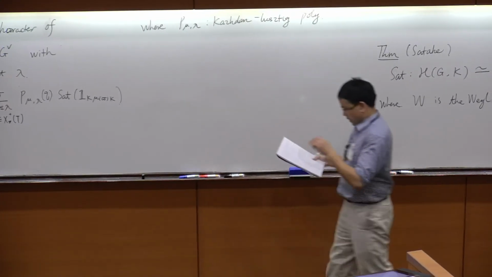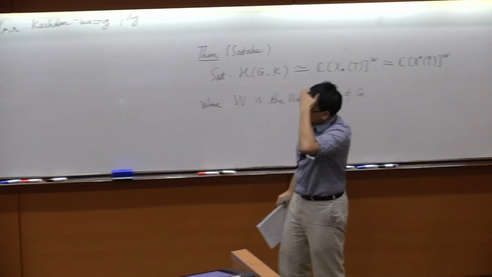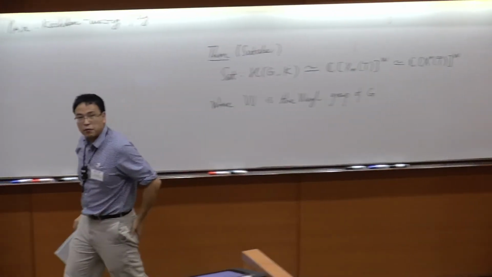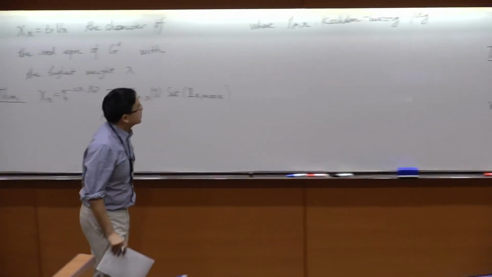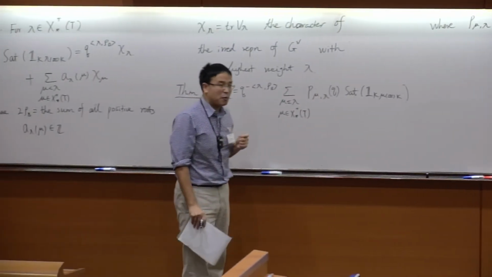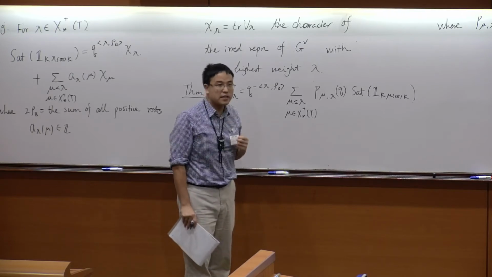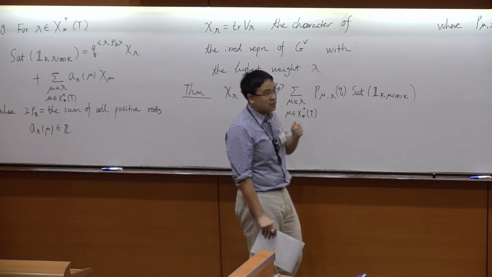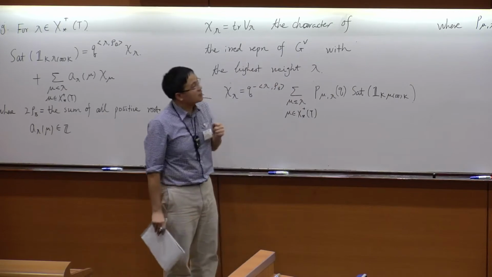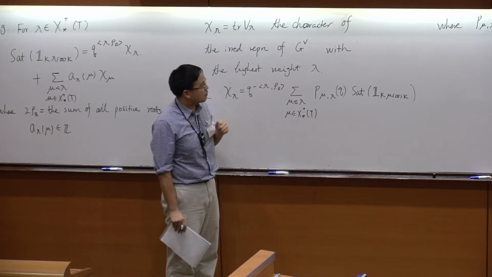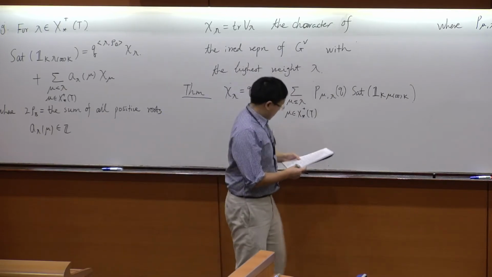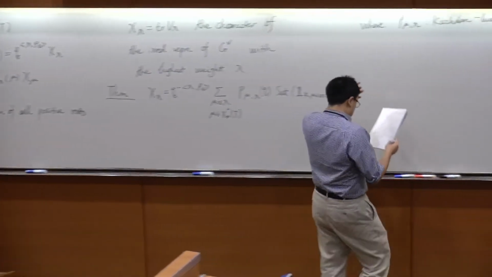Okay. And this is one version if we use the Kazhdan-Lusztig polynomial. Another version is we can use Lusztig's q-analog of Kostant's partition function. We can have a different version, so it's just a substitution here.